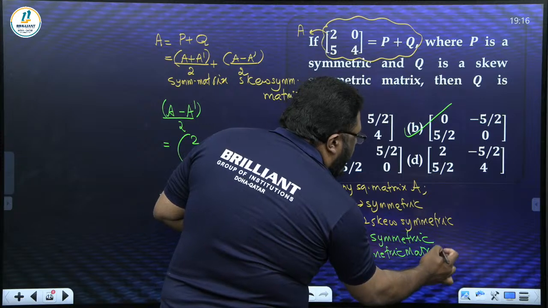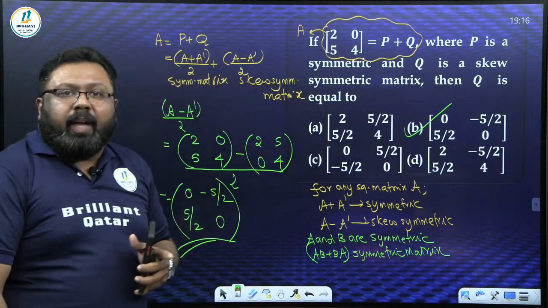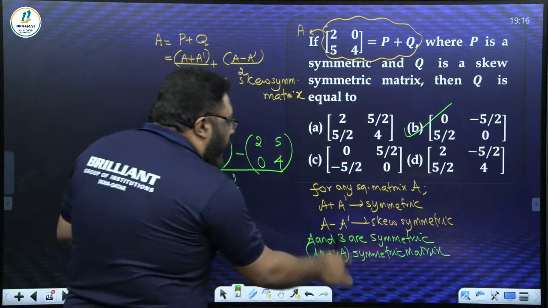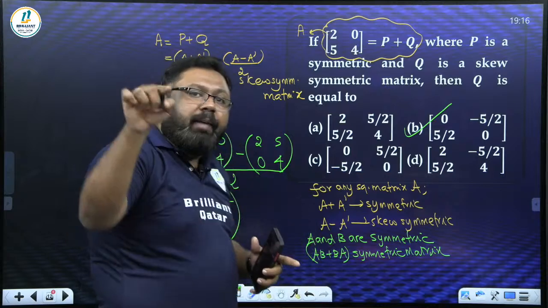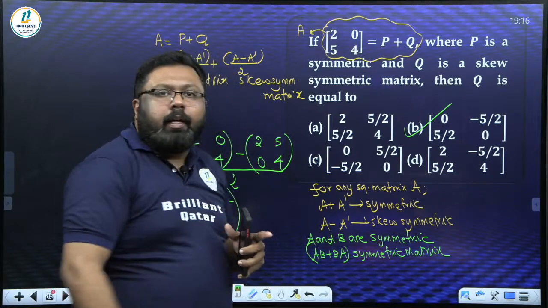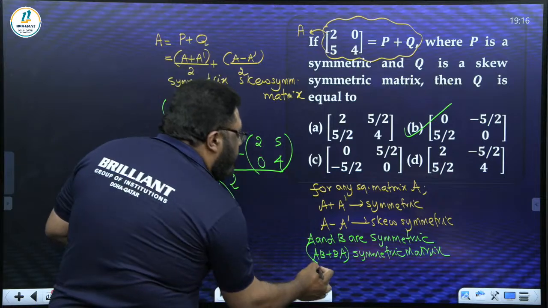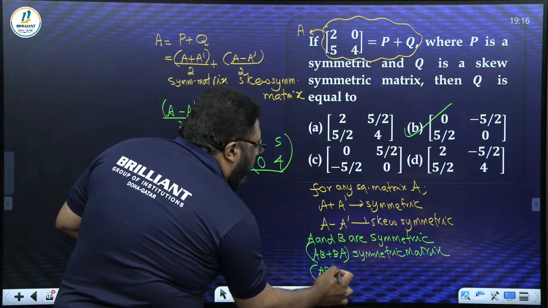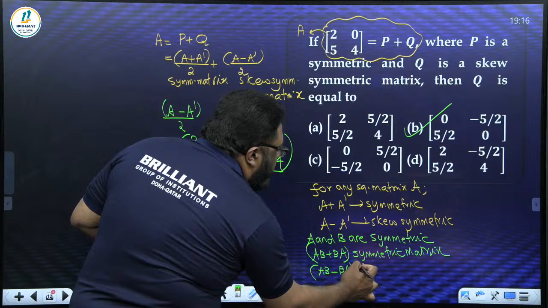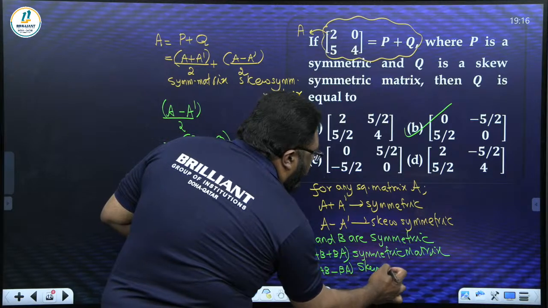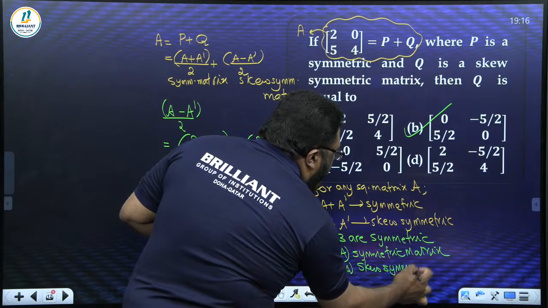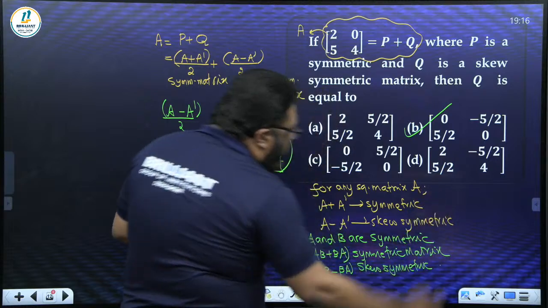These are all good questions for MCQ. Any matrix in the form AB plus BA, even sometimes they will put a transpose on this expression. Even if there is a transpose on this expression, the condition still satisfies. Keep in mind, AB minus BA is always skew symmetric. Please, my dears, learn this by heart, it's always useful.